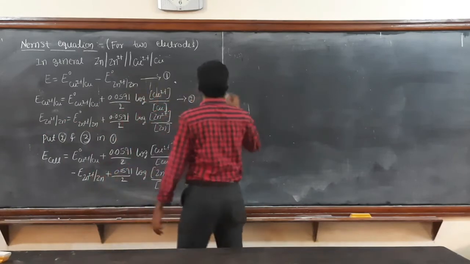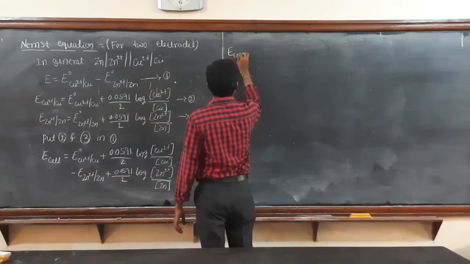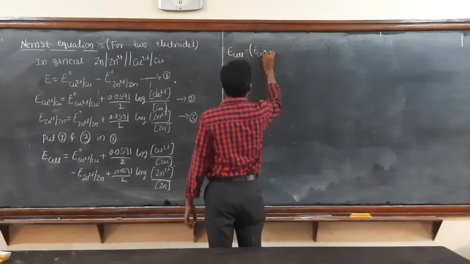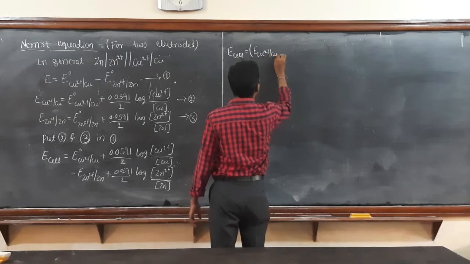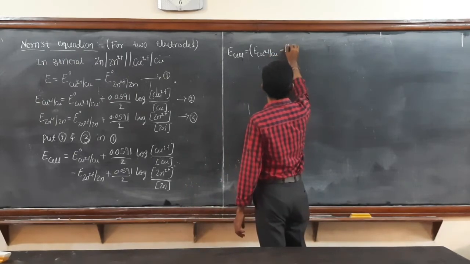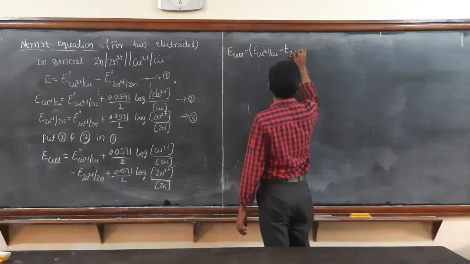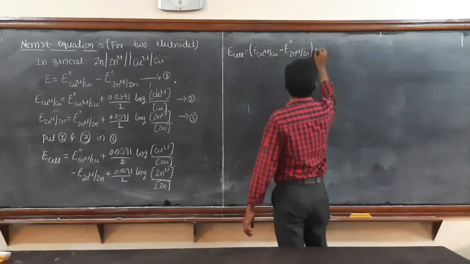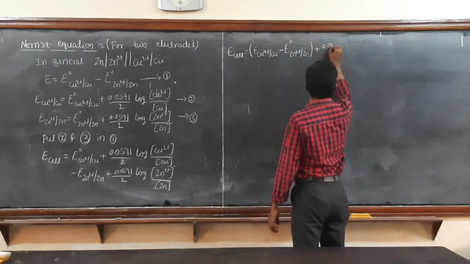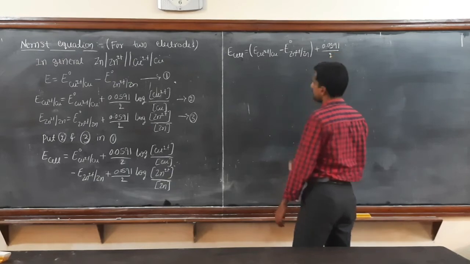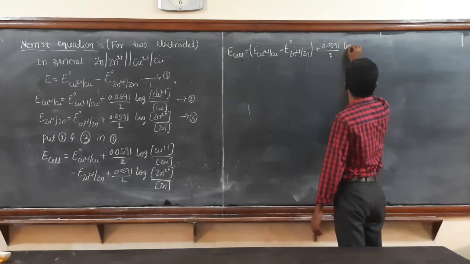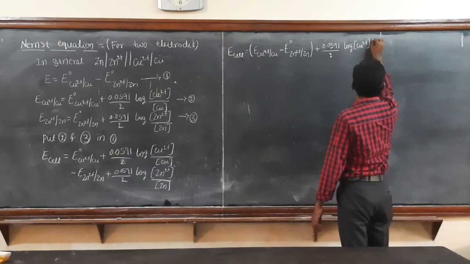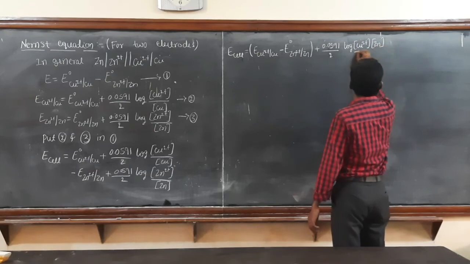For the same equation, this is nothing but E naught of the cell. First with respect to copper, E naught of copper minus E naught of Zn2+, then plus 0.0591 divided by 2, which becomes common, and log of Cu2+ and Zn divided by Zn2+.